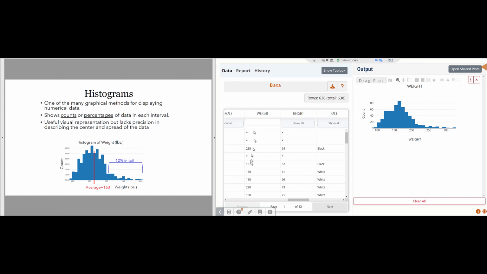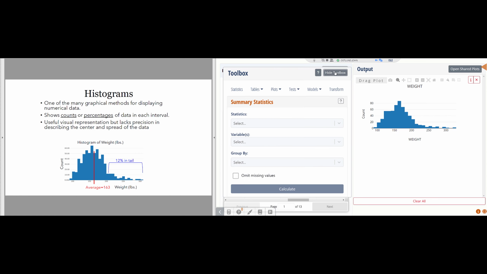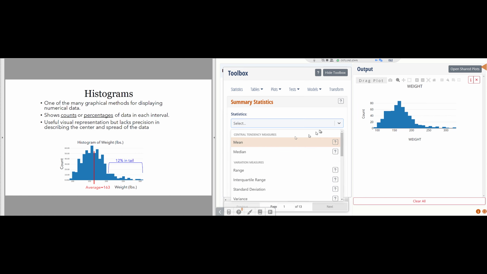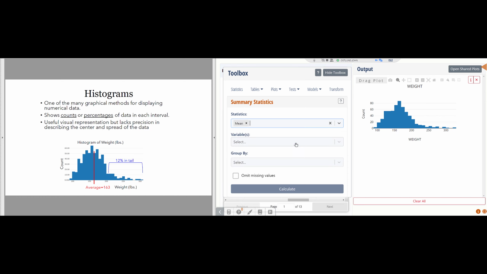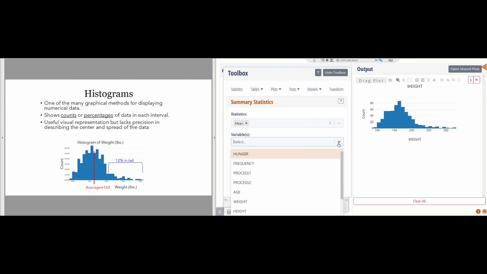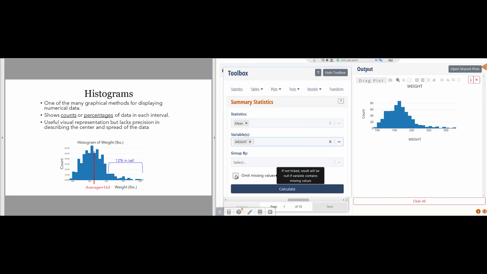All right, and we can't compute a mean involving these so-called missing values, which is why we come here, statistics, oops, lost my stuff here. So mean, I want the mean of weights, but I don't want to include missing values, which can't be used in the calculation.